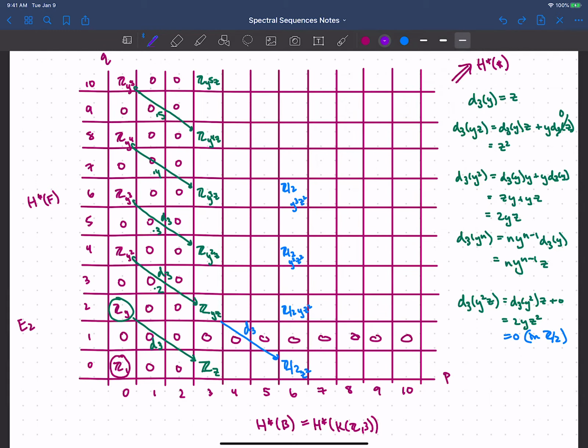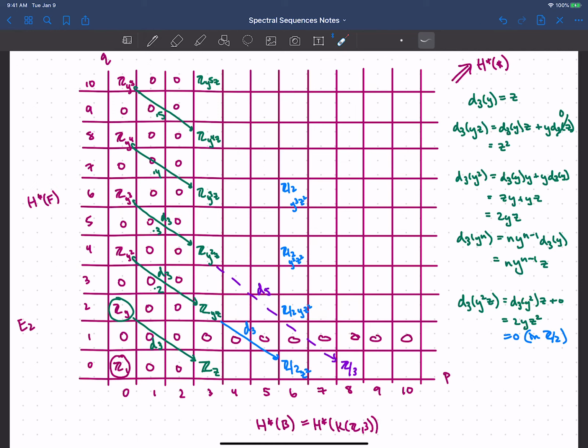Okay, so it must be that we have a Z mod 3 here to receive that D5 differential. And it has to be a Z mod 3 because we know that we need this to be exact so that all the homology dies.